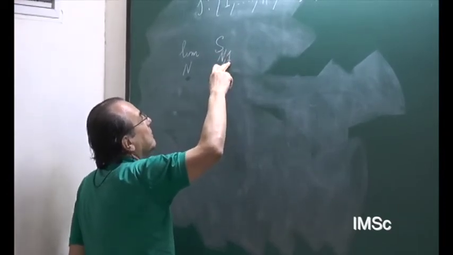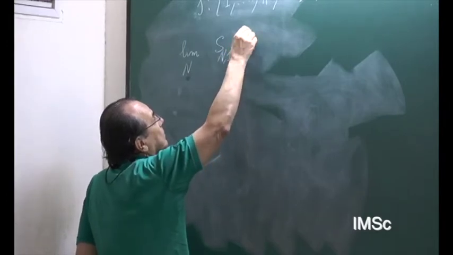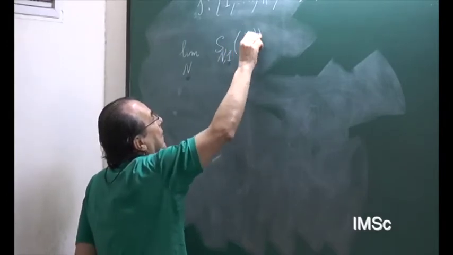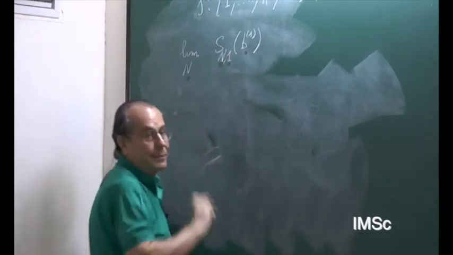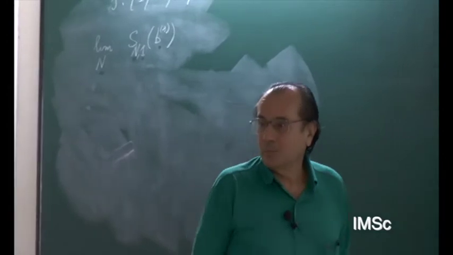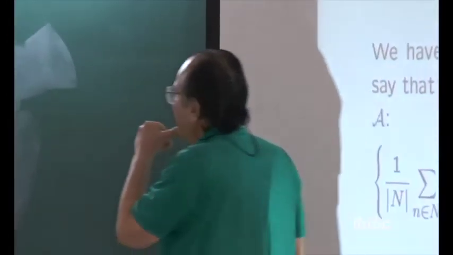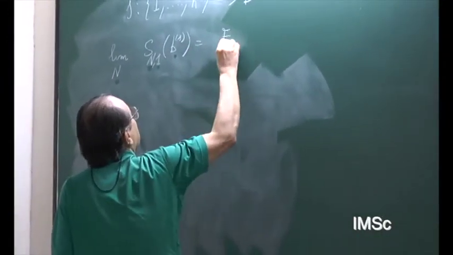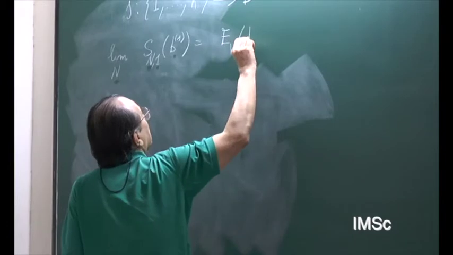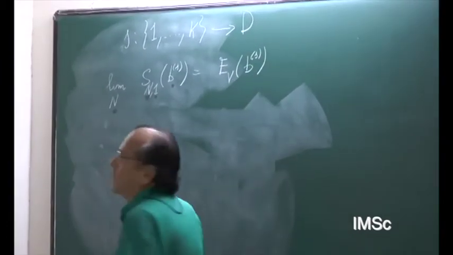So for the law of large numbers, we will have this kind of thing. I don't put the index n because I'm summing over all n in this subset, okay? Now, suppose that this limit exists, then we will denote it like this.